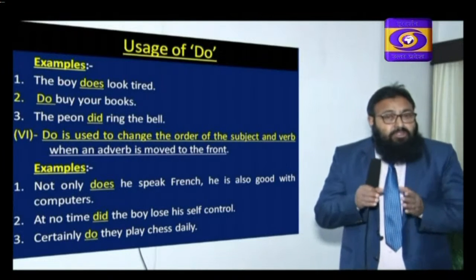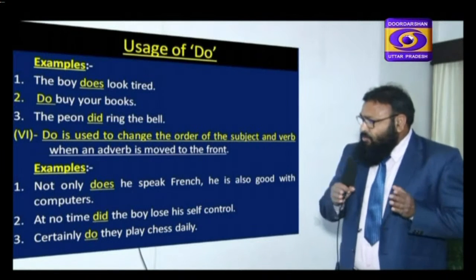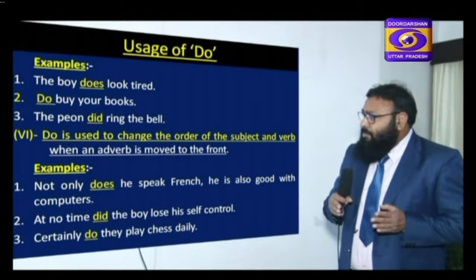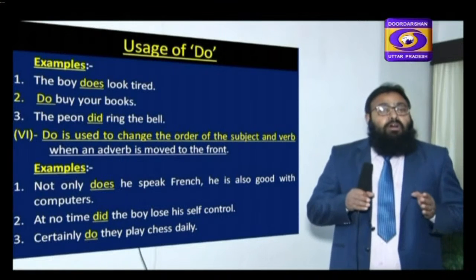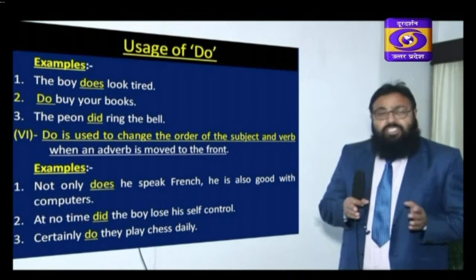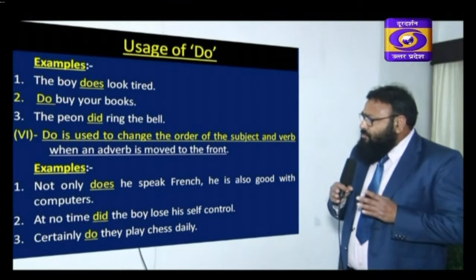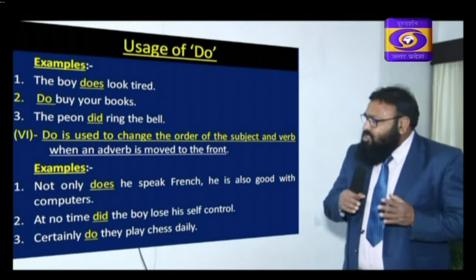But if we want to emphasize the thing of being tired, then what happens? We make use of do in the same number and in the same tense. Because it is present definite tense and the subject is singular, we make use of does. So the boy does look tired.